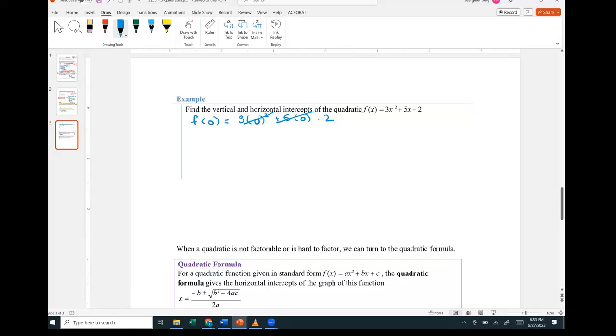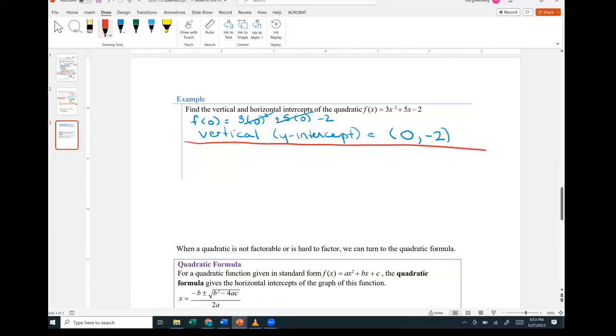So we know that our vertical, and you can call it y-intercept, is equal to, well, what did we do? We plugged in 0 for x, and we got -2. So it's that simple for vertical. Horizontal, a little less simple.